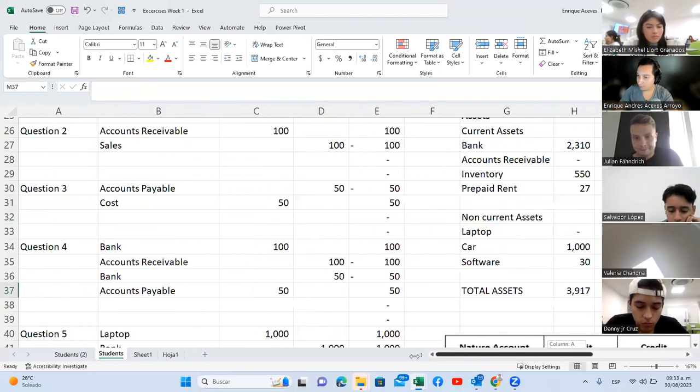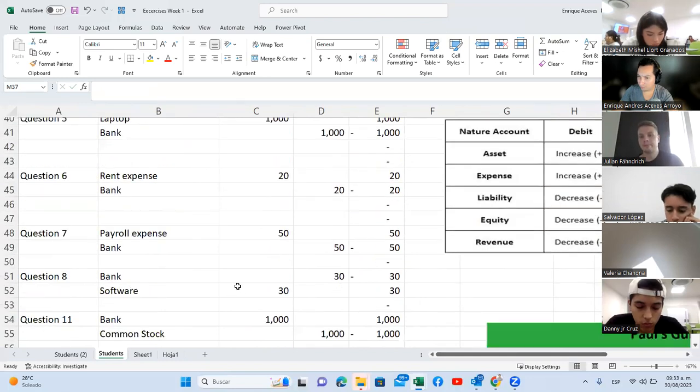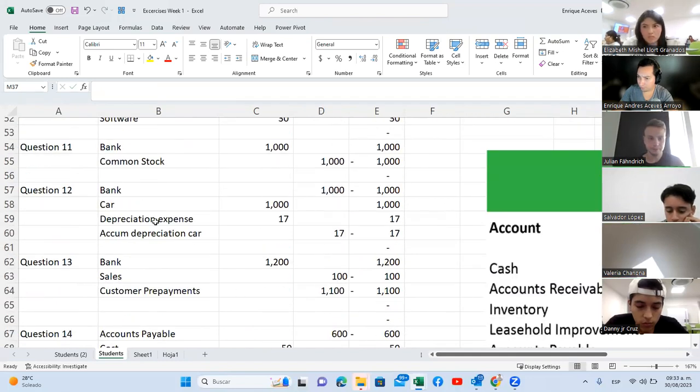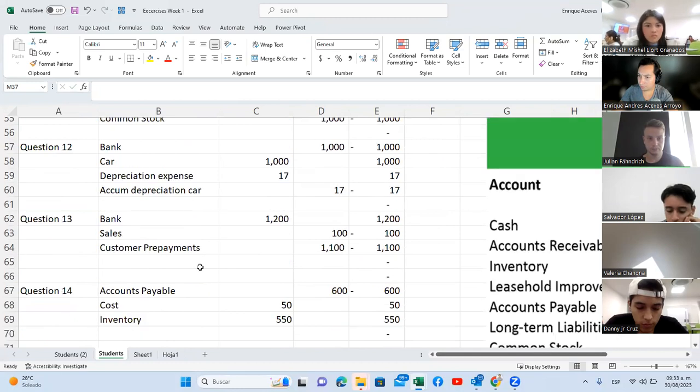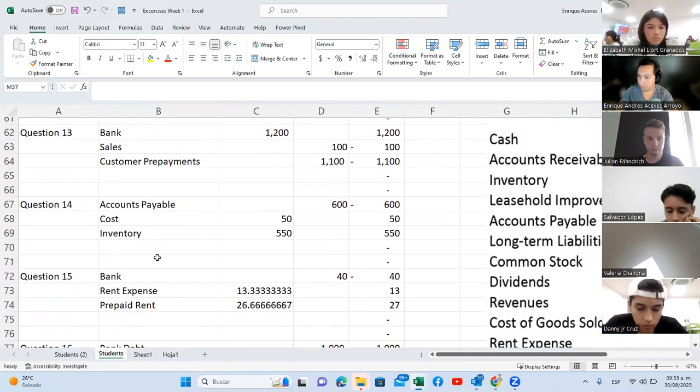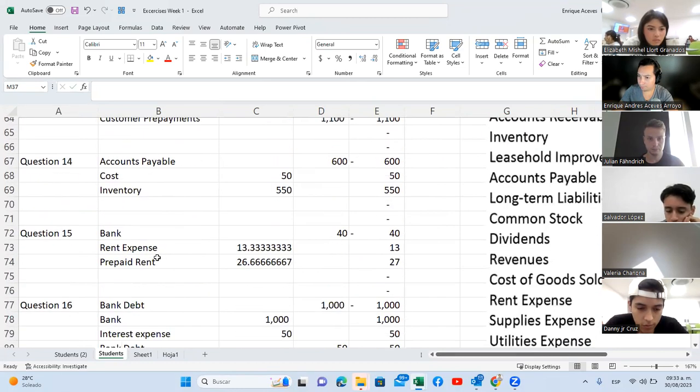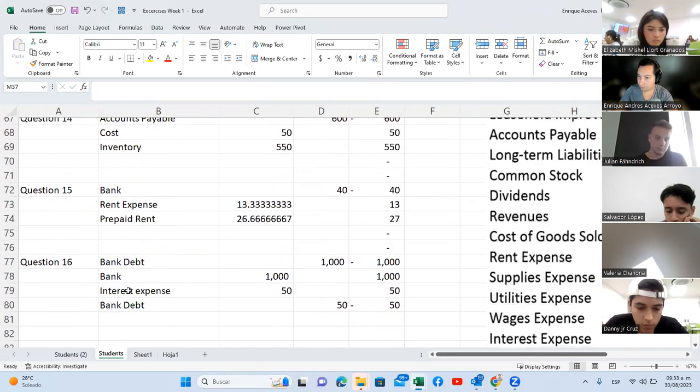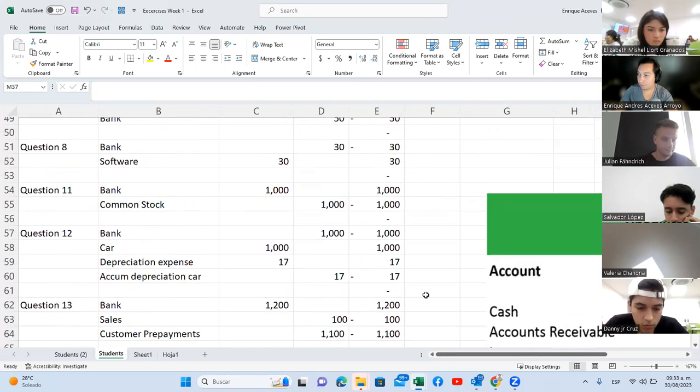Just let me see if it's the same name of the account. Depreciation expense, rent expense, interest expense, perfect.